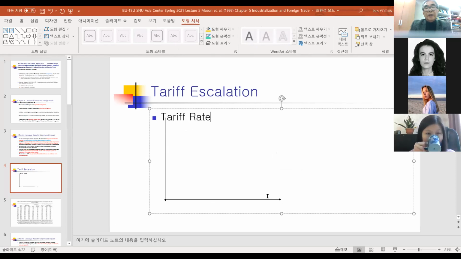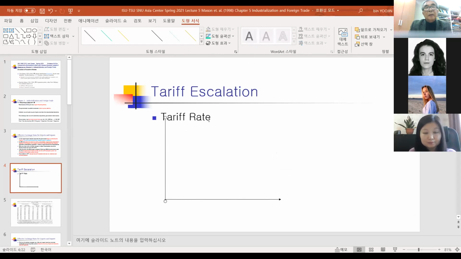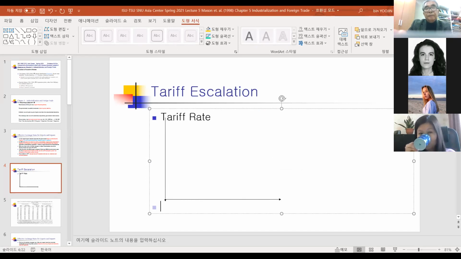Suppose this is the degree of processing.